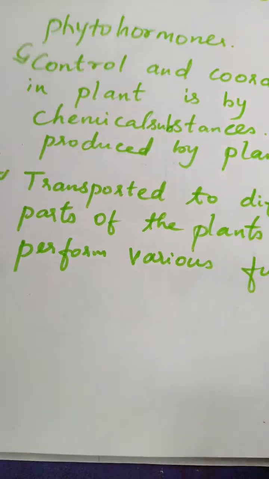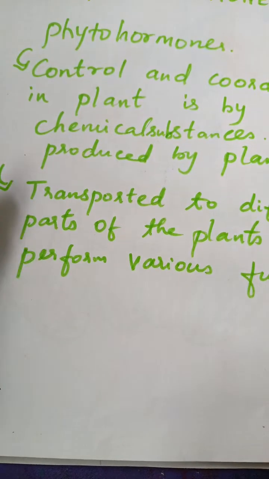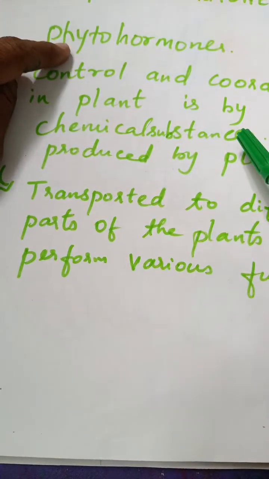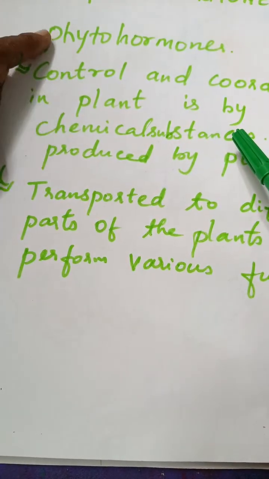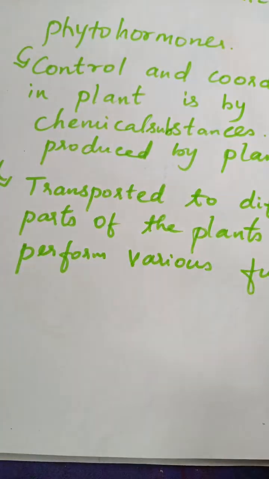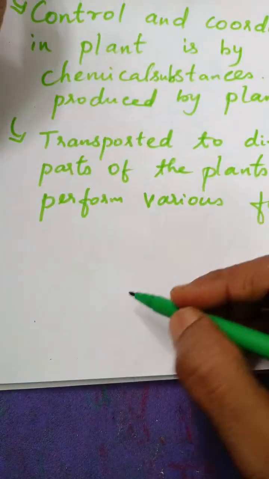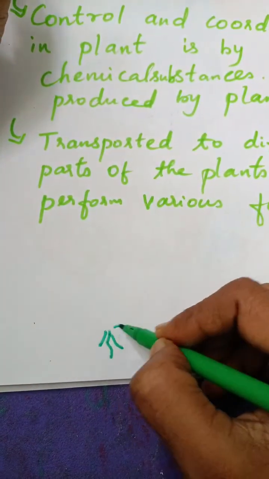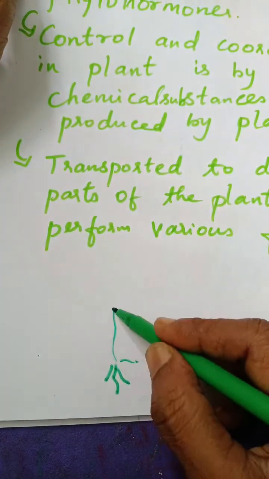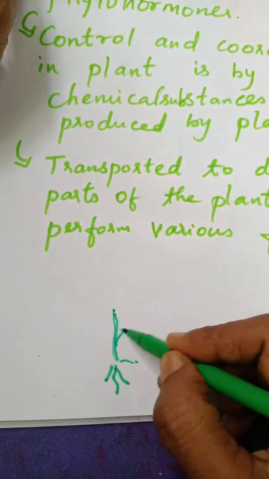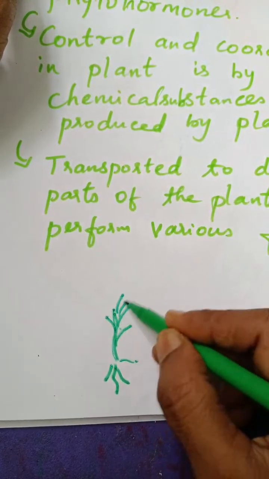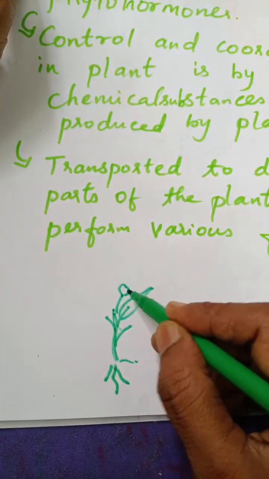These phytohormones will not stay in one place, because the plant has to grow from the root to the stem. How does it grow? Starting from the root, it gives rise to the shoot system, and from the shoot you will have the leaves and the bud.